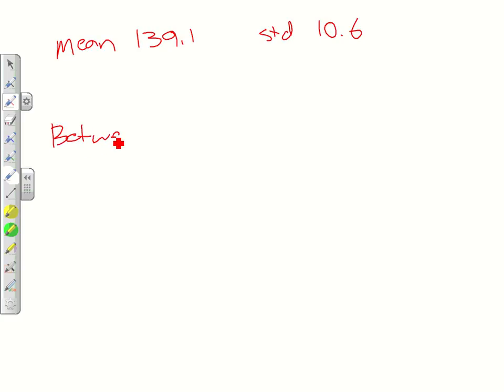We wanted between what 2 values? 149.7. Good. Okay, go. Step 1, z-scores. Find your distance those observations are away from your mean.